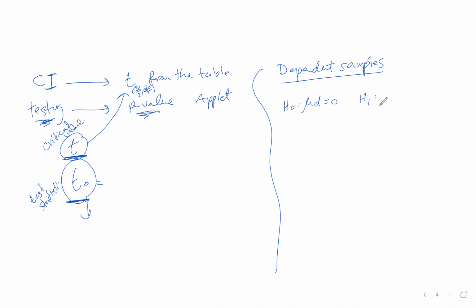Against H1, mu d may be greater than 0, maybe less than 0, maybe not equal to 0. It depends on the research hypothesis you have. The second step is alpha, which should be given. The third step, you calculate T0, which is x bar d minus mu d, which is always 0, divided by s d divided by square root of n.